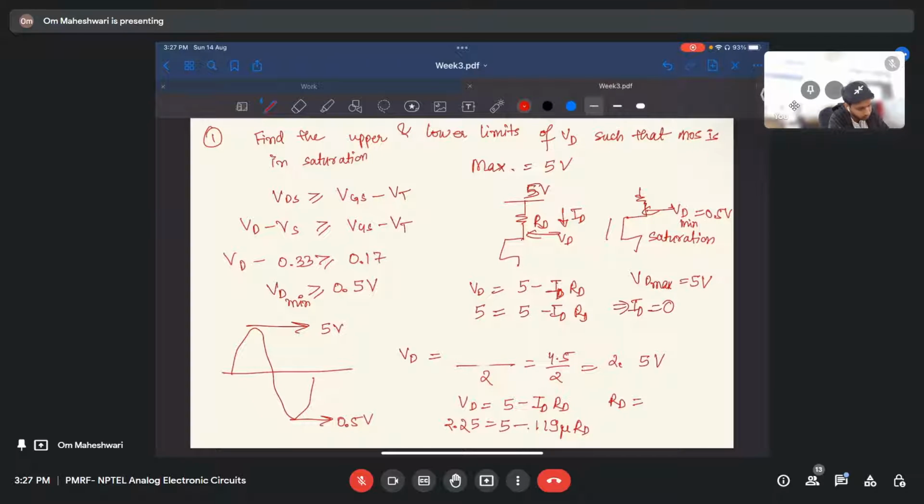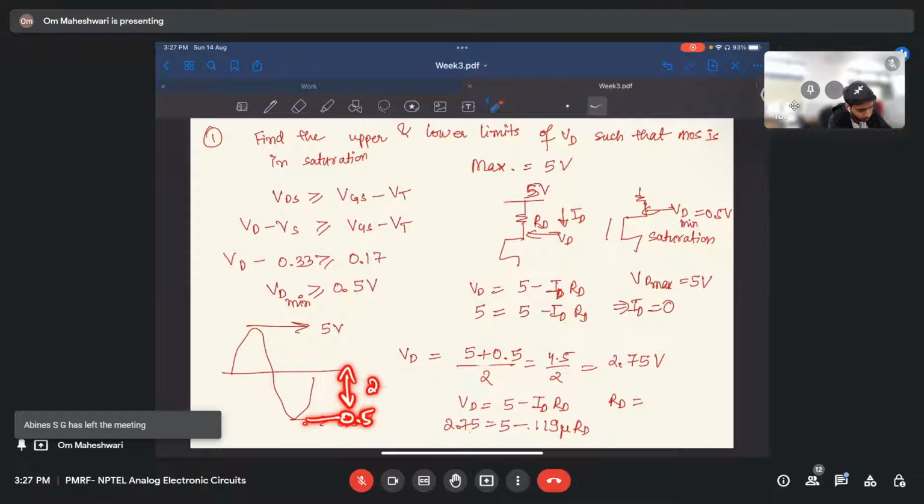It will be 5 plus 0.5, 2.75 only. Why I'm saying this is, we know this difference is 4.5, right? But this is the difference. In respect to ground, I will have to apply here 0.5 plus 2.25, right? To maintain it at this middle level.